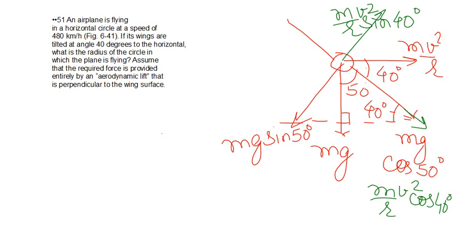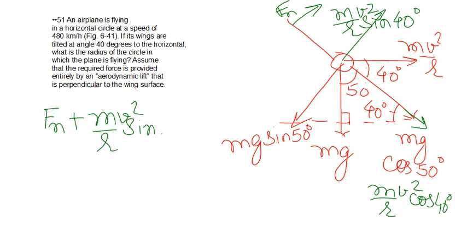And there is one upward thrust from the wings, that is Fn. Now we get two equations. The first is Fn plus mv square by r sin 40 should be equal to mg sin 50.